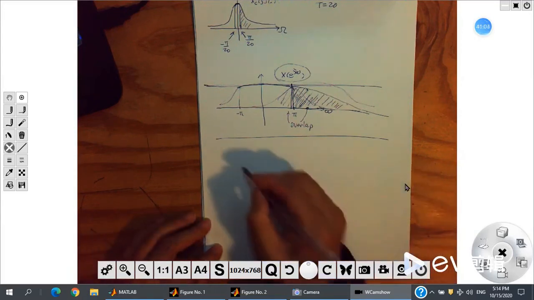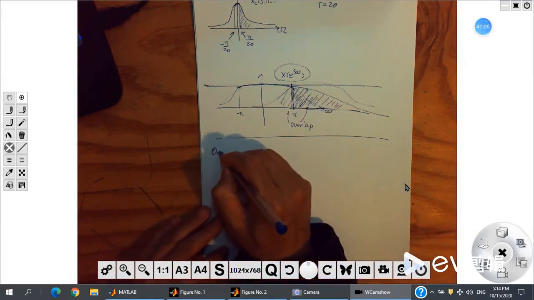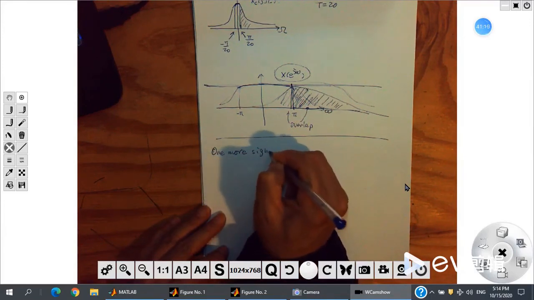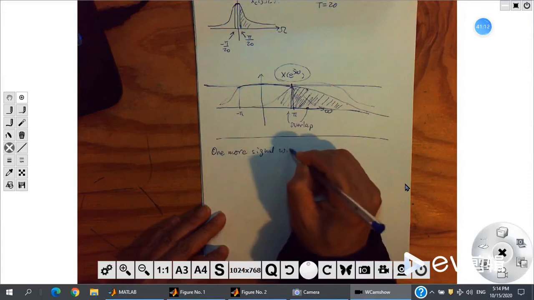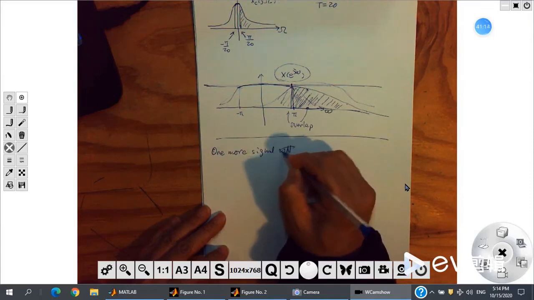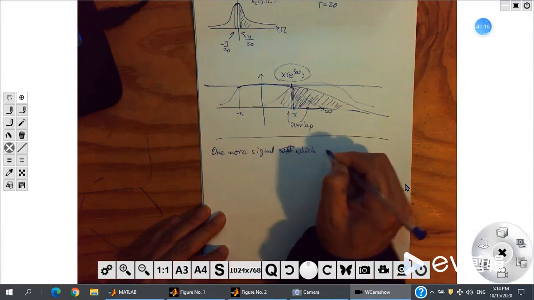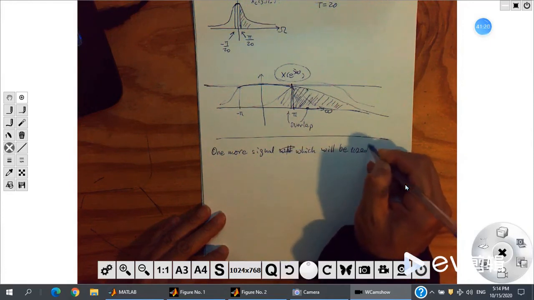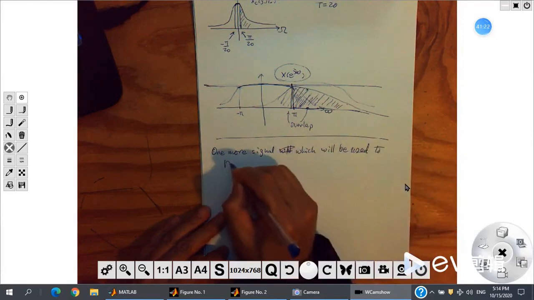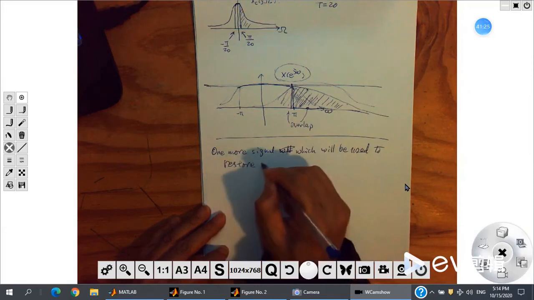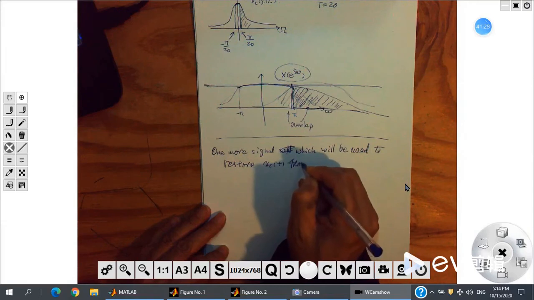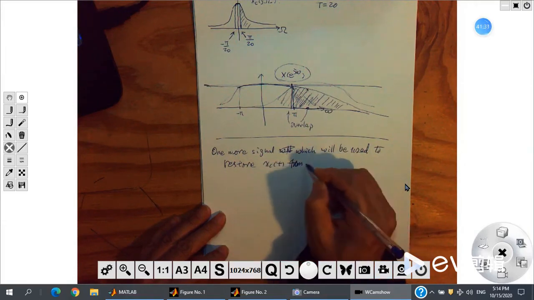So here we have one more signal, which will be used to restore x_c(t) from x[n].